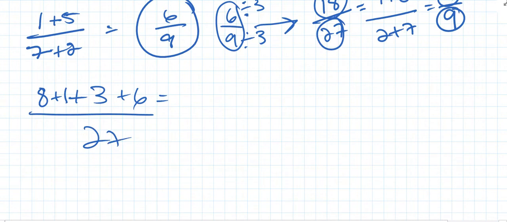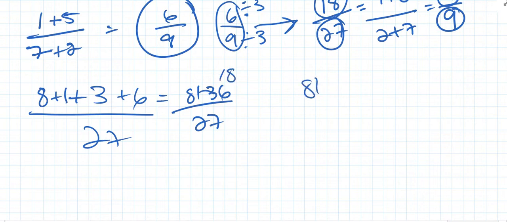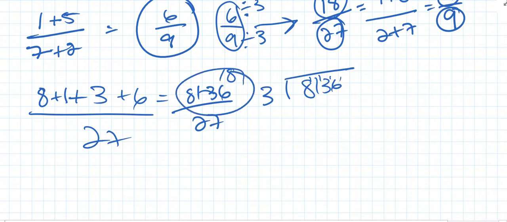So we have 8,136 over 27. Here I'm going in reverse in this case, but 8 plus 1 is 9, plus 3 plus 6, 9 plus 9 is 18, that's divisible by 3, so you know this entire number is divisible by 3. So you divide it by 3, and you go through it, and it's going to work. This is also true for 9. For 3 and 9, it works.